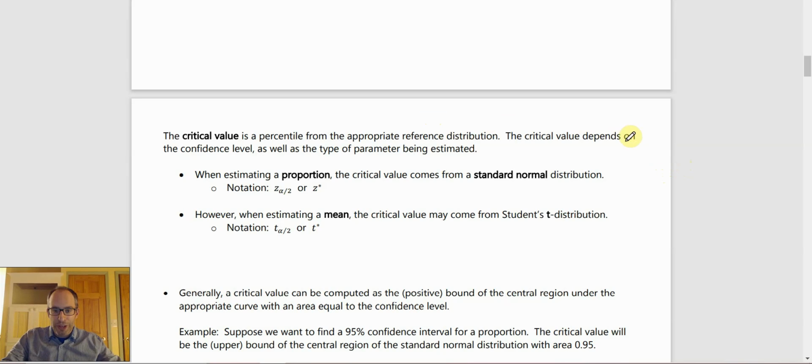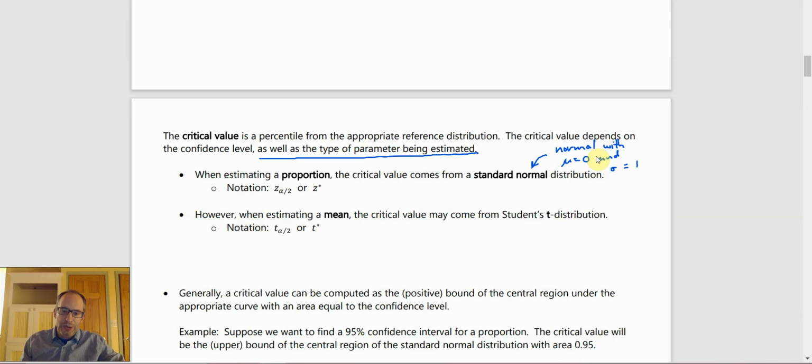So the critical value does depend on the confidence level, but also on what kind of parameter you're estimating. If you're estimating a proportion, you can just use a standard normal to get the critical value. And we know what that is, right? The standard normal is a normal distribution with mean 0 and standard deviation 1. So we know what that is.